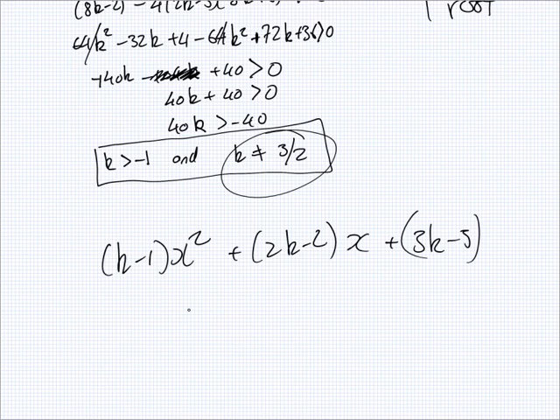When will I make this linear? For what value of k? When k is equal to 1. And how many solutions does a linear have? One. So it feels like if I say make this have one solution, you could say k equals 1.